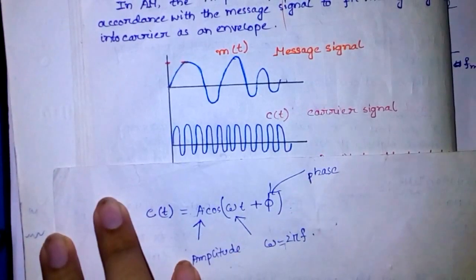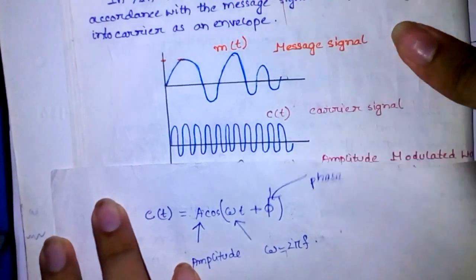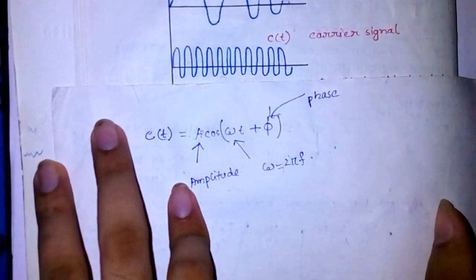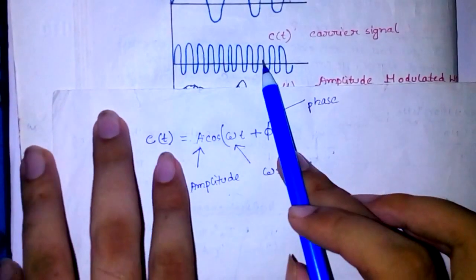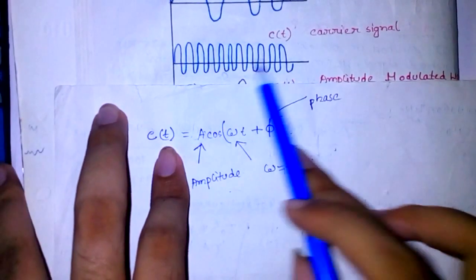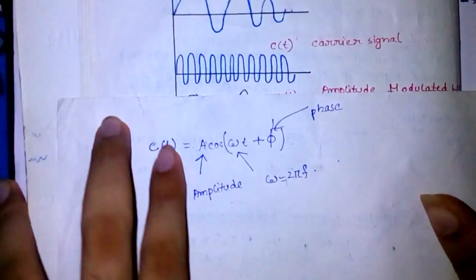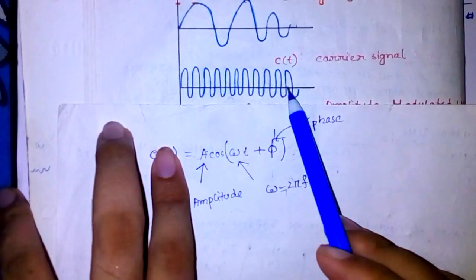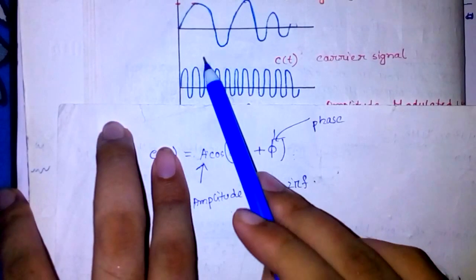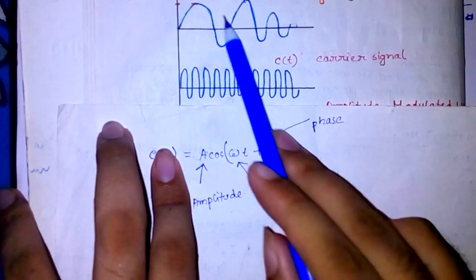That's why the frequency of this signal is very high, because frequency is nothing but cycles per second. So what should be the structure of this wave after amplitude modulation? The frequency will not be changed, but the amplitude will be varied to capture this message signal.